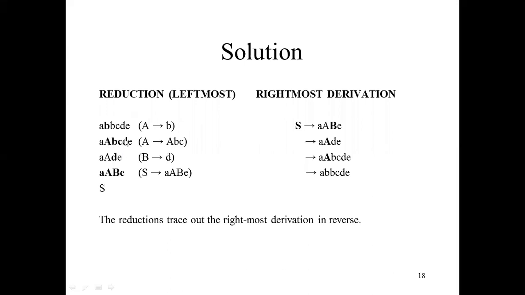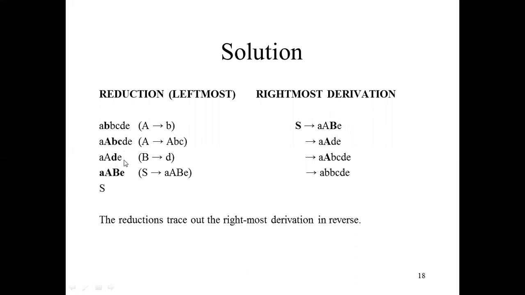Again you can replace capital A, small b, c, this string by capital A, because this is already given grammar in your problem. So in place of A, b, c, we can write capital A. Now the remaining is only d, e. From the given grammar, capital B goes to small d.